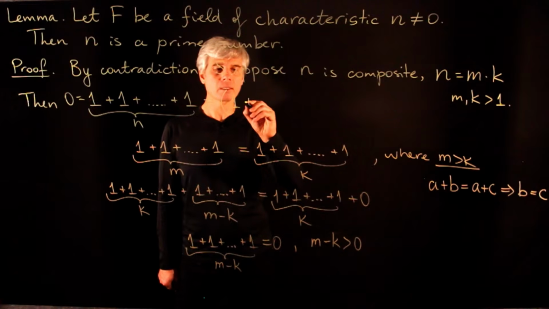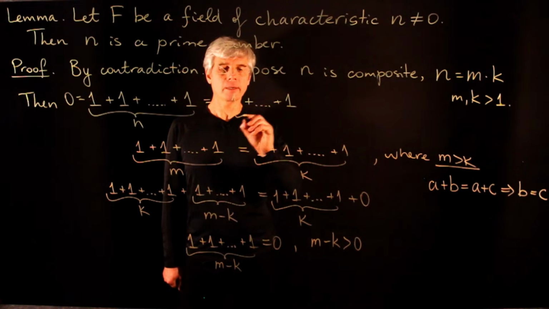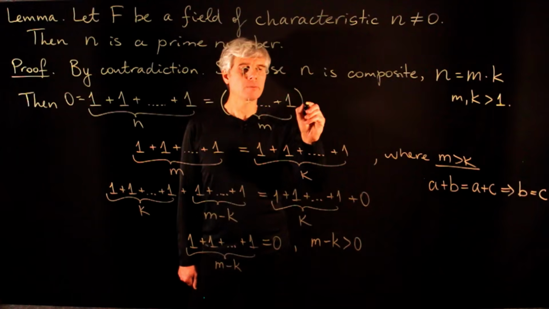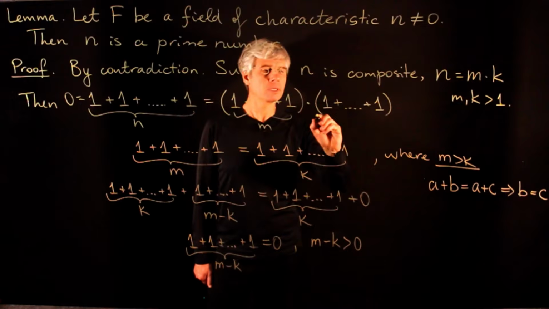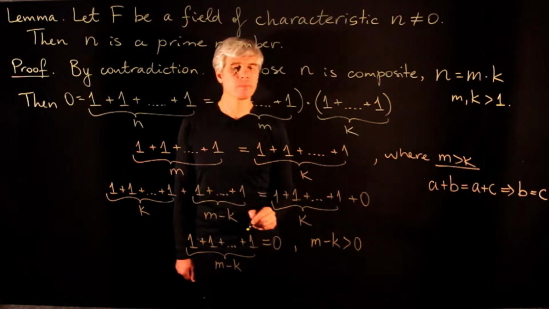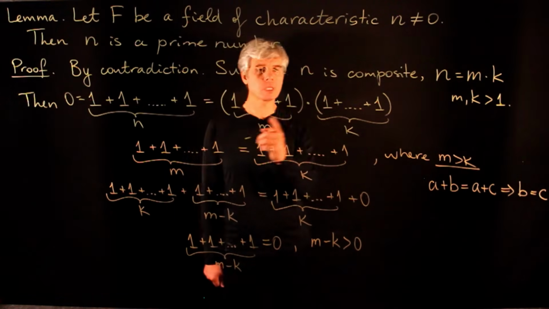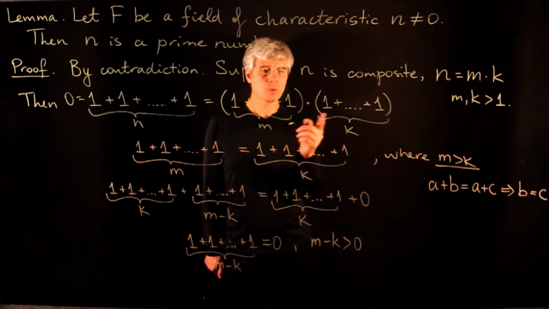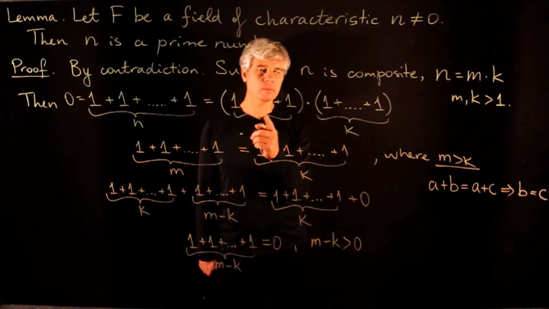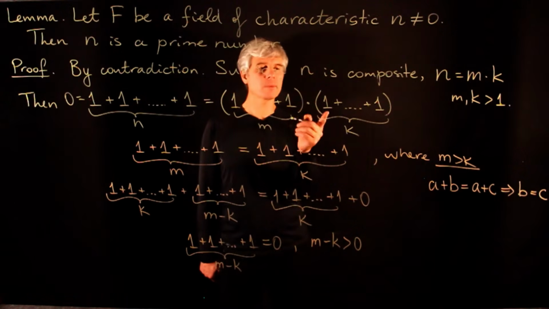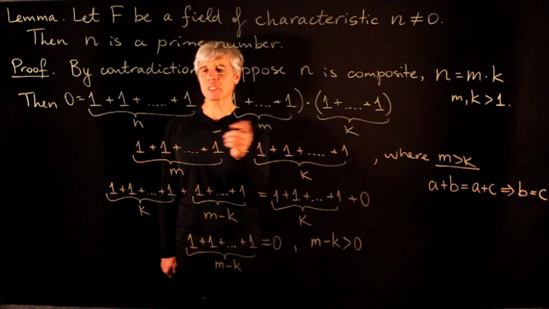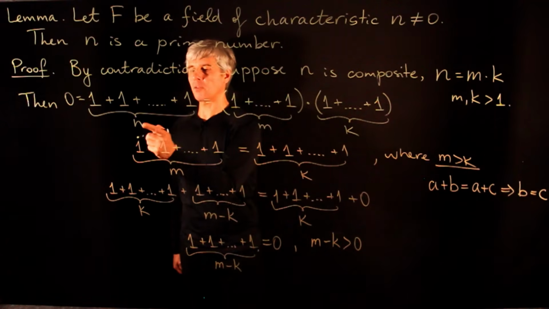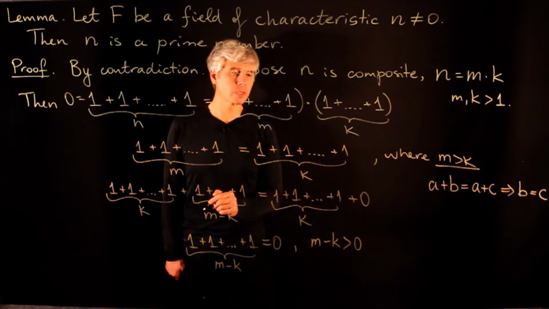So if we take m ones and multiply by the sum of k ones, then if we use the distributive law, we're going to get a sum of m times k products 1 times 1. But 1 times 1 is equal to 1. So we're going to get a sum of m times k ones, which is exactly what we have here.